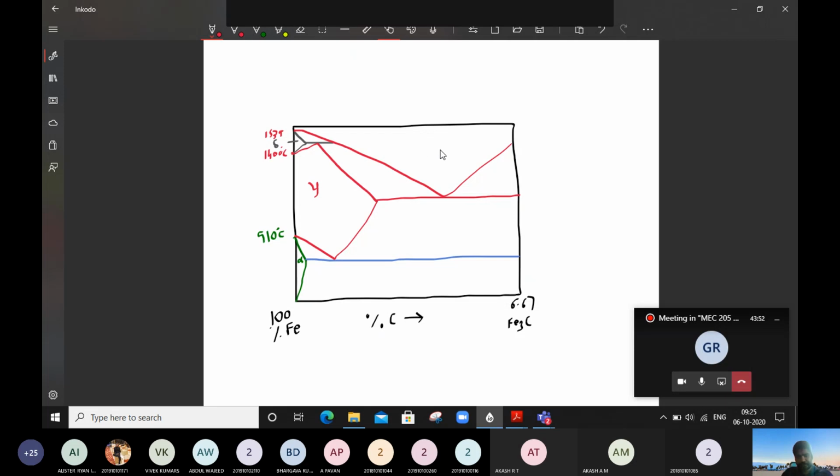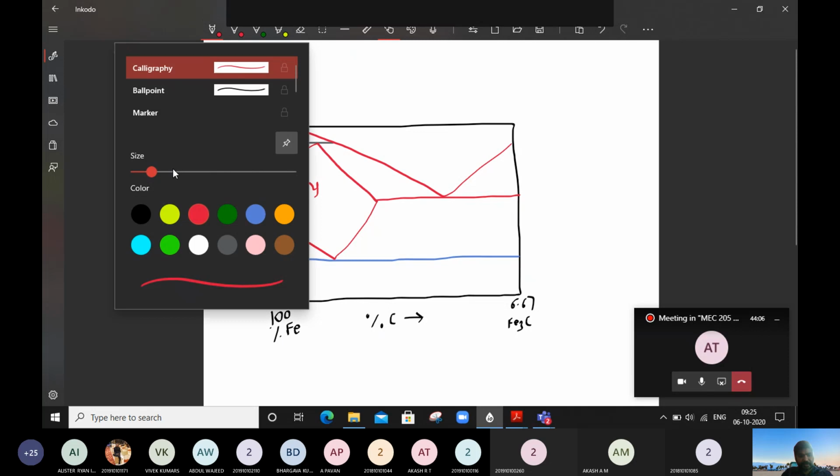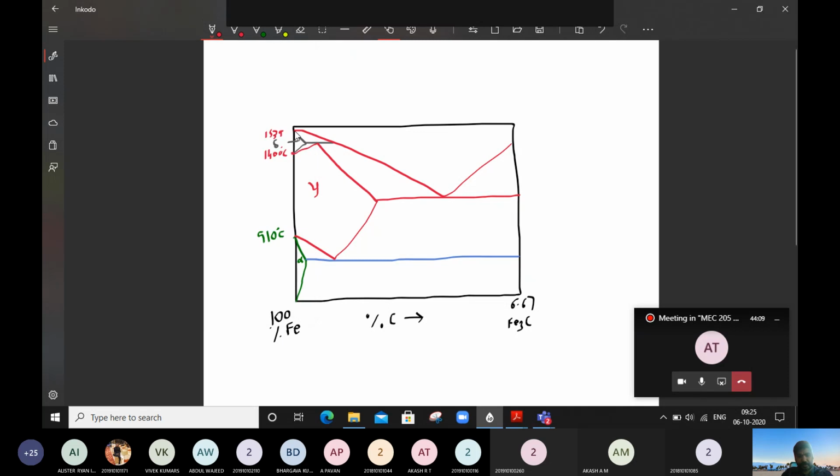Yes, liquid, correct. Since this whole line is the liquidus line, let me bold it out. What I am drawing here is the liquidus line. It means that everything above this line will be liquid.